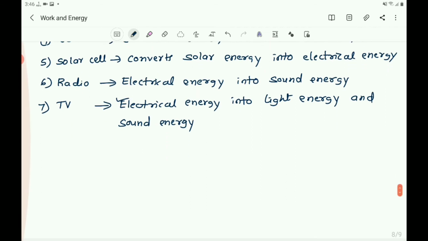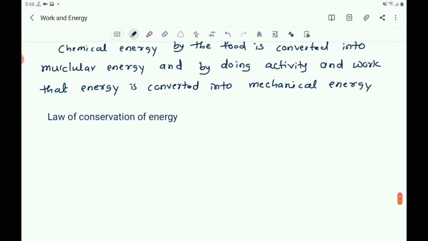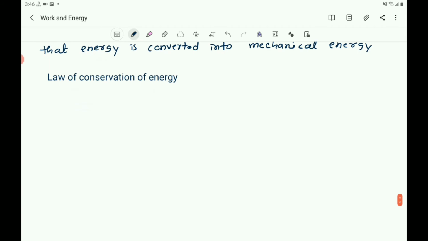Then, what is the statement of the law of conservation of energy? Energy can only be converted from one form to another. It can neither be created nor destroyed. The total energy before and after the conversion remains the same.